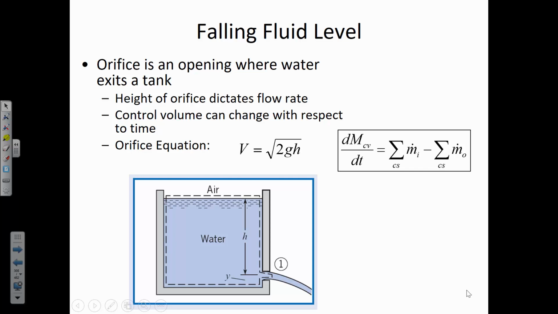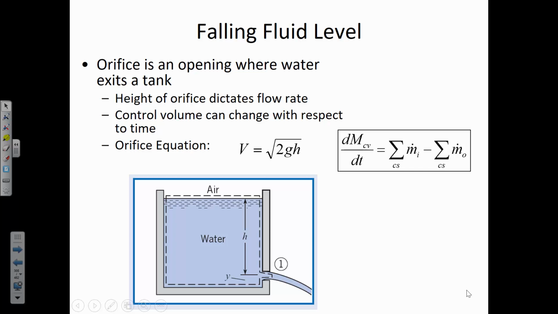I don't think we've ever derived the orifice equation, but if we consider two different points, at location 1, which is at the top of the tank and open to the atmosphere, we have the pressure head, the elevation head, and the velocity head, and then consider the same things at 2: P2 divided by gamma plus Z2 plus V2 squared divided by 2g.